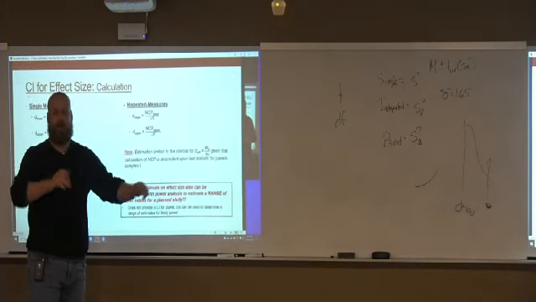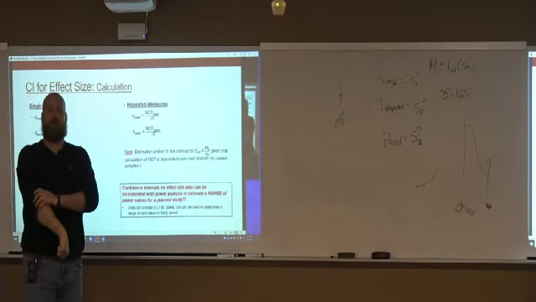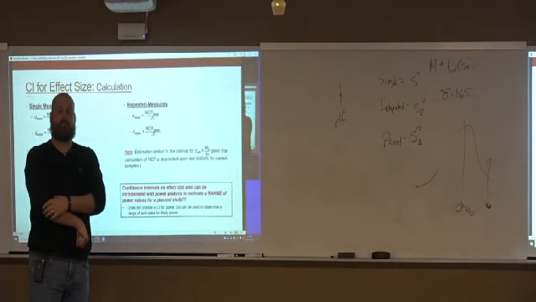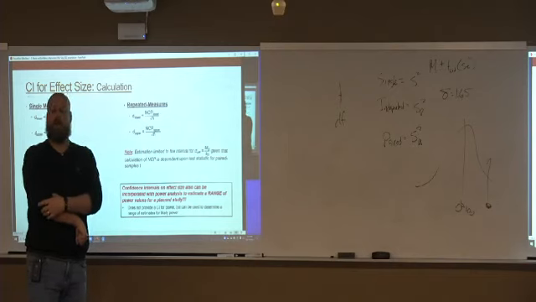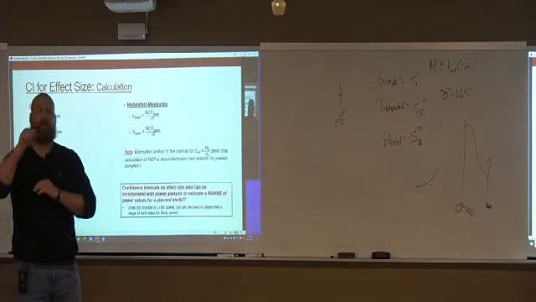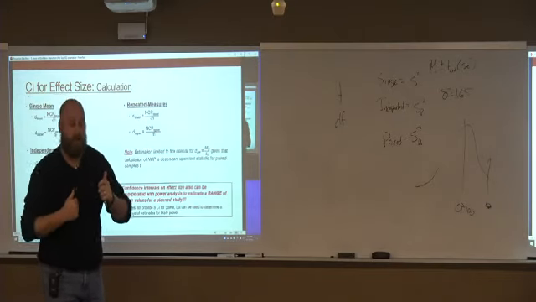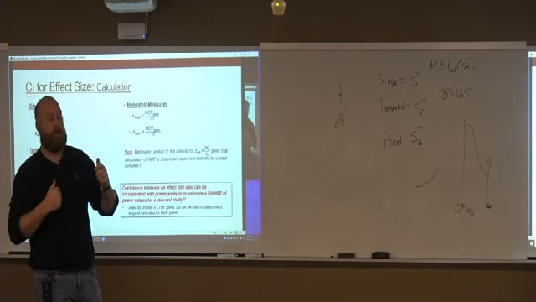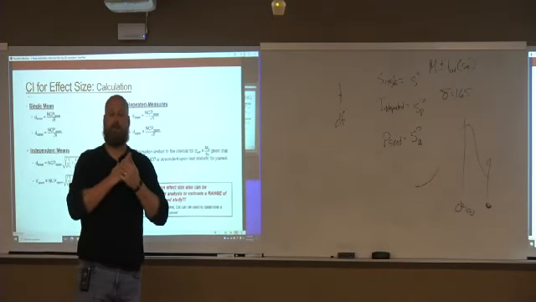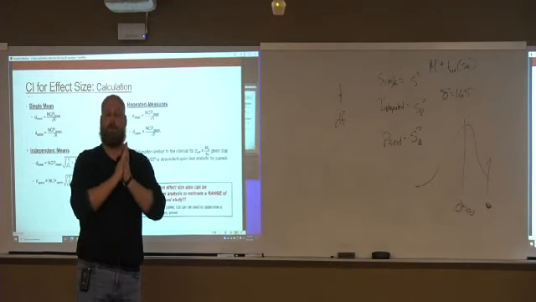I do have a few logistical questions about the midterm. Do we need to bring an F table and a T table? I'll bring everything that you need. The only thing you will need is a writing utensil and a calculator, not your phone. Is there any way you would give us an equation list with all the equations on it?